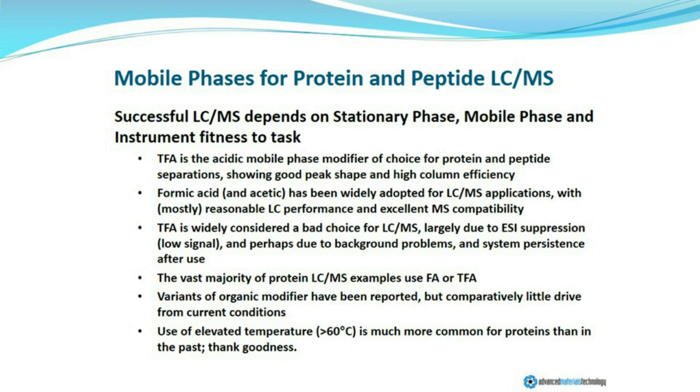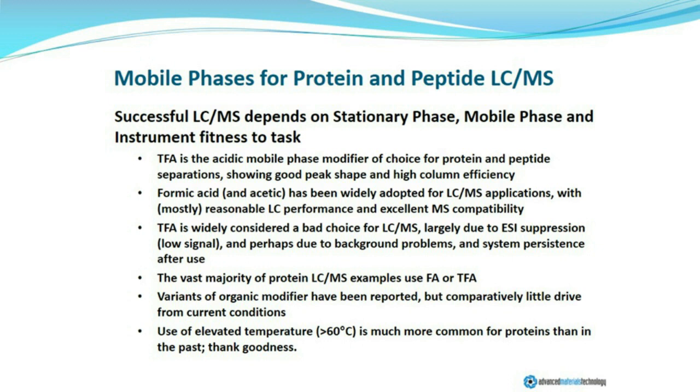On this slide, I make the not terribly bold statement that successful LC-MS requires that you have a stationary phase, that is the column, mobile phase, and instrument that are properly tuned and assembled so that they can work in concert to achieve your task.